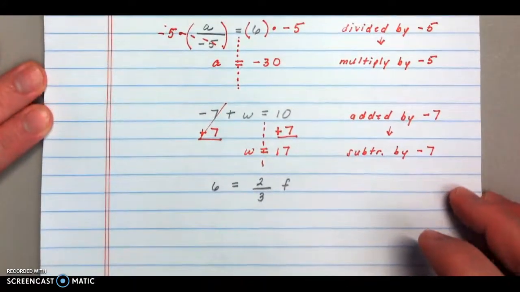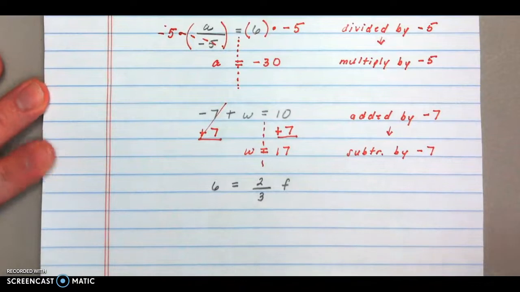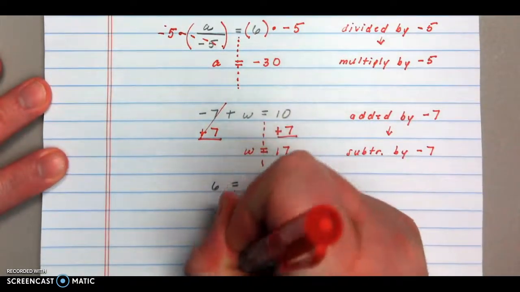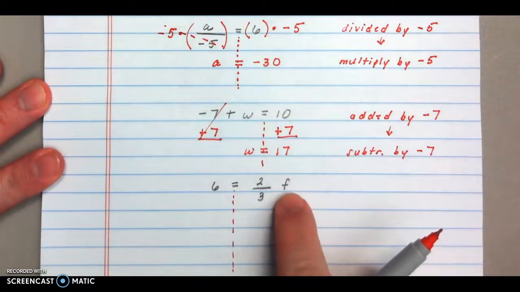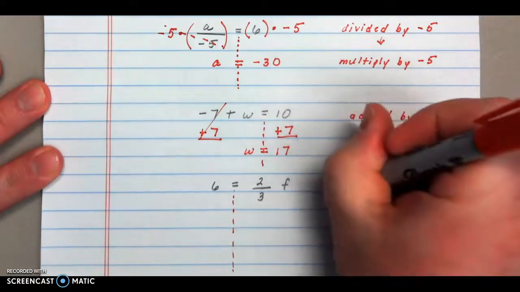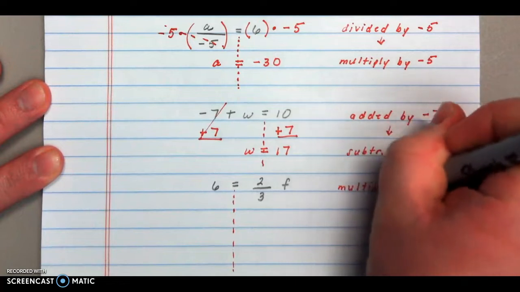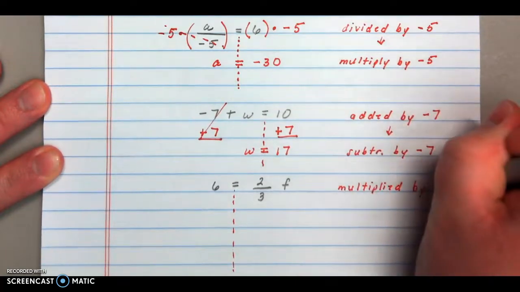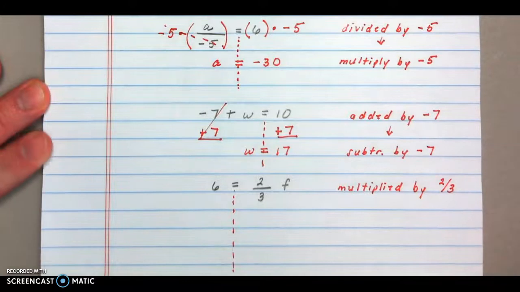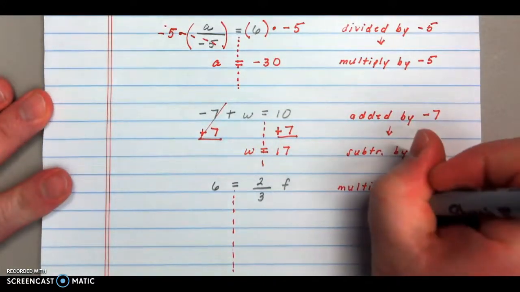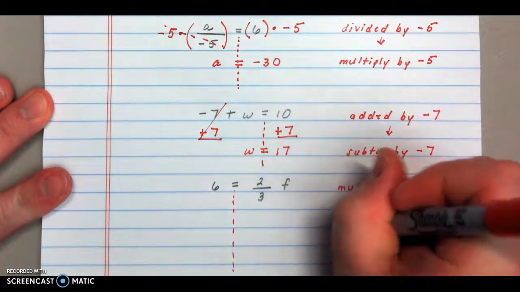All right. And our last example is 6 equals 2/3 f. This time the variable is on the right side. And if we look at f, there's a 2/3 in front of it, so that 2/3 is multiplied by the f. So here it's multiplied by 2/3. So the inverse of being multiplied by 2/3 is to divide by 2/3.